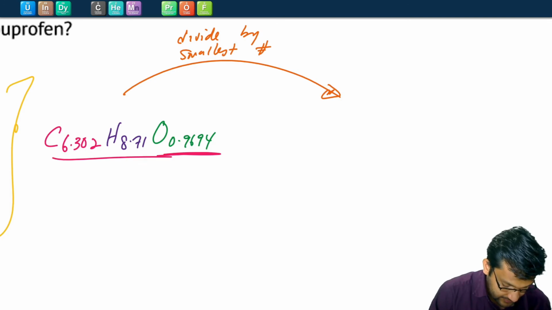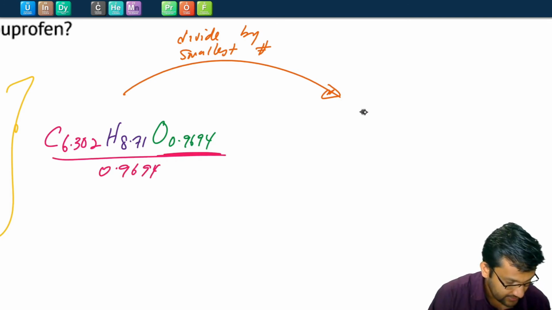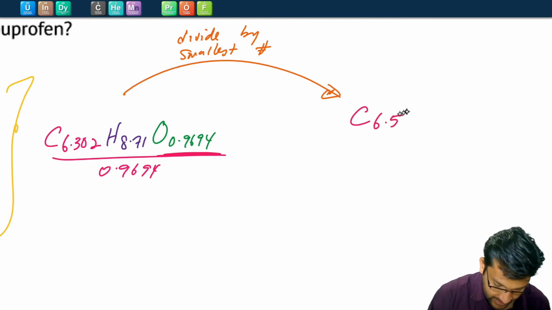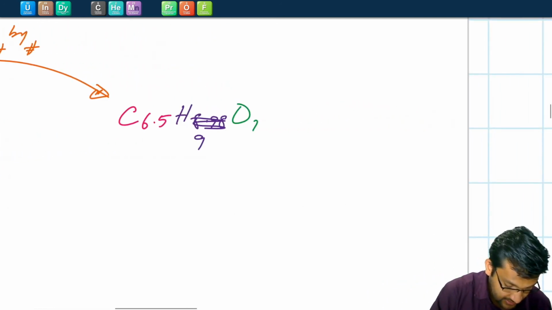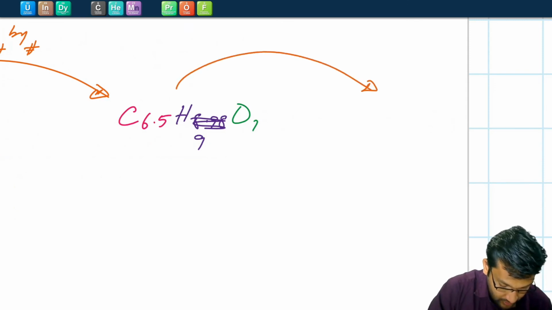So everything divided by 0.9694 comes out to be C 6.5, H 8.98. Now this is so close to the next whole number that we're just going to round this up to 9, and O 1. They're not all whole numbers again, so let's try multiplying everything by small whole numbers.